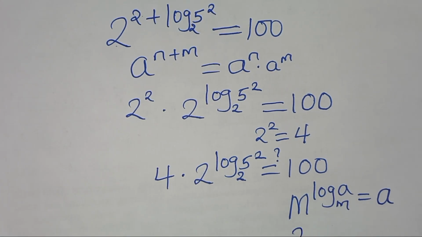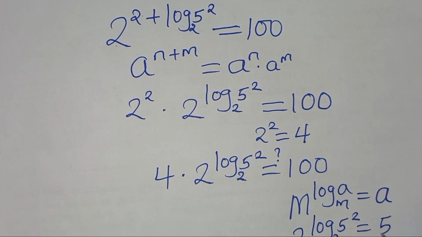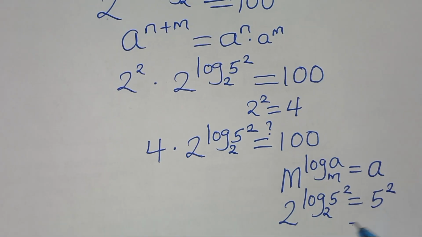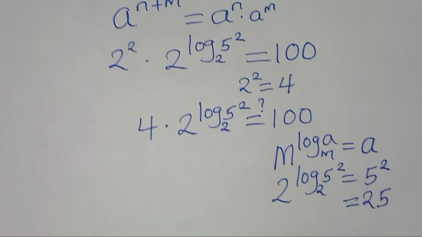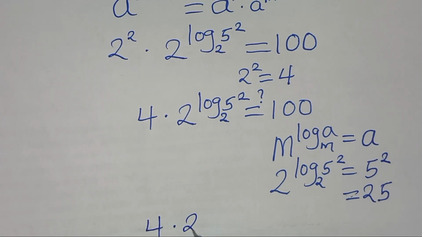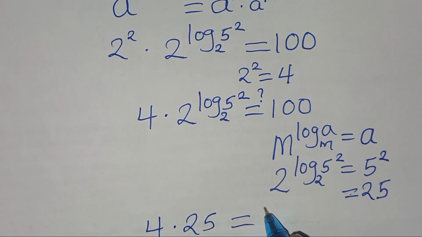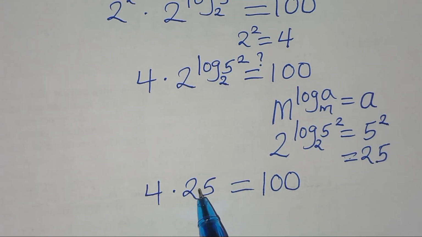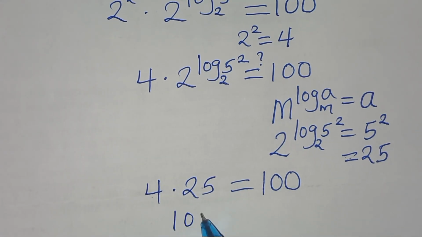So this implies that 2 to power log 5 squared to base 2 gives us a value of 5 squared, and 5 squared in this case is equal to 25. So substituting this, we'll have 4 times 25, which is equal to 100. So 25 times 4 is 100.